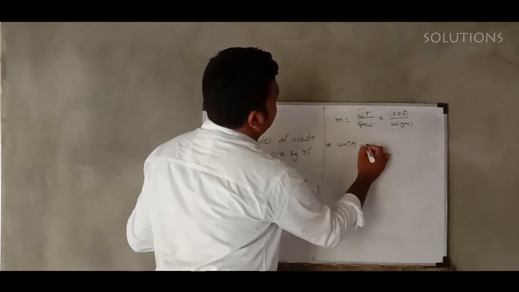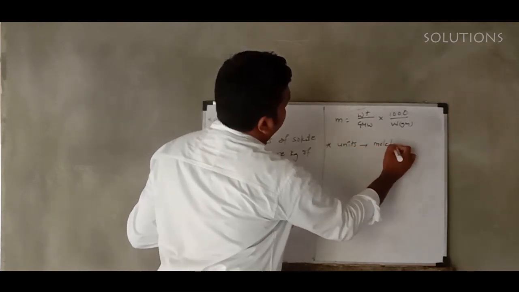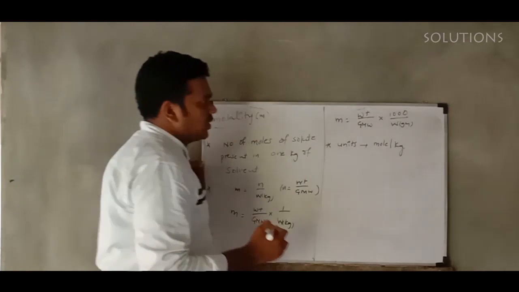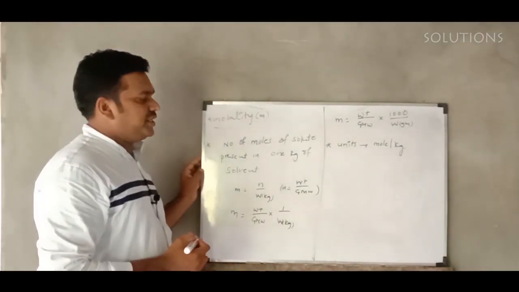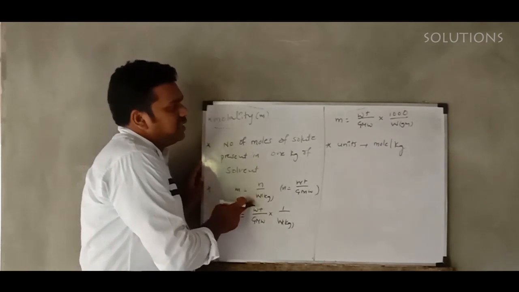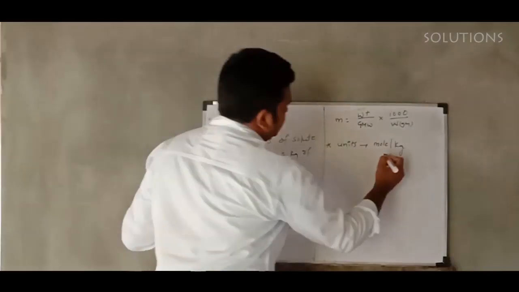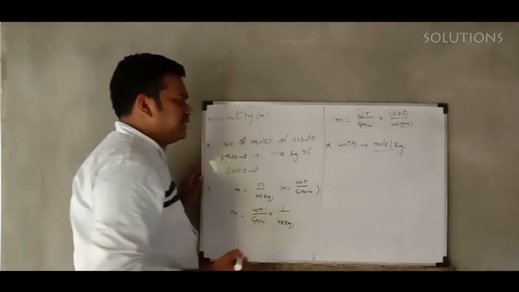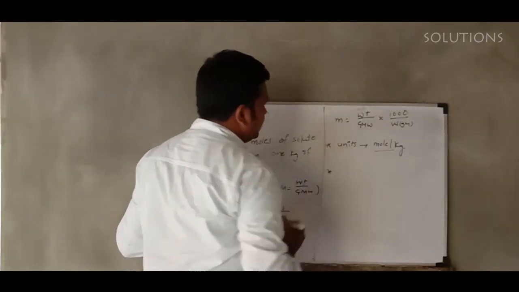Let us see the units of molality. The units of molality are mole per kilogram. Why? Number of moles is written as mole only, and weight is always in kilograms. So the unit is mole per kg.